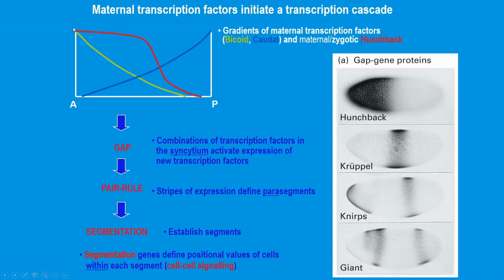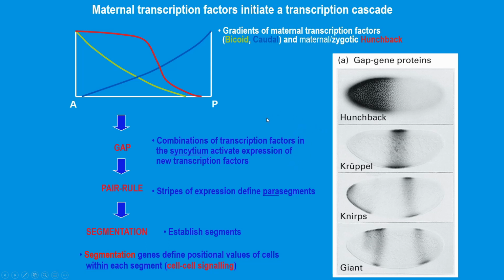So we have these gradients of maternal transcription factors like bicoid and caudal, and to some extent hunchback has some maternal contribution, but there's also zygotic hunchback, and these gradients then can be interpreted by the enhancer regions of these gap genes, which also includes hunchback, and then this interpretation will give rise to the stripe expression of the gap genes.